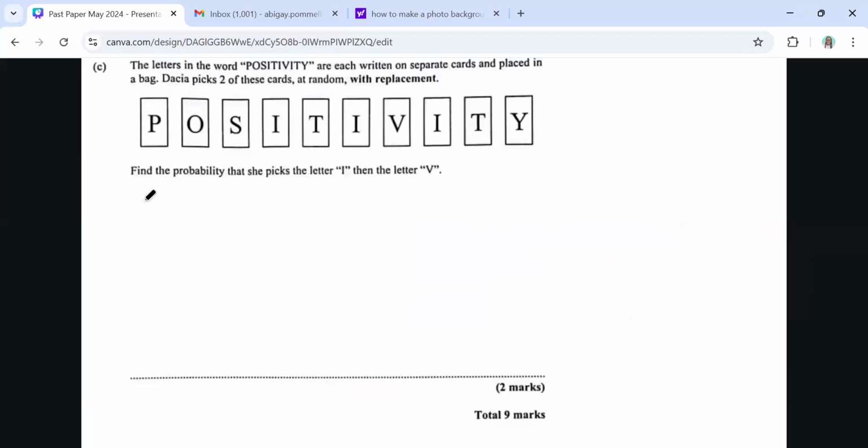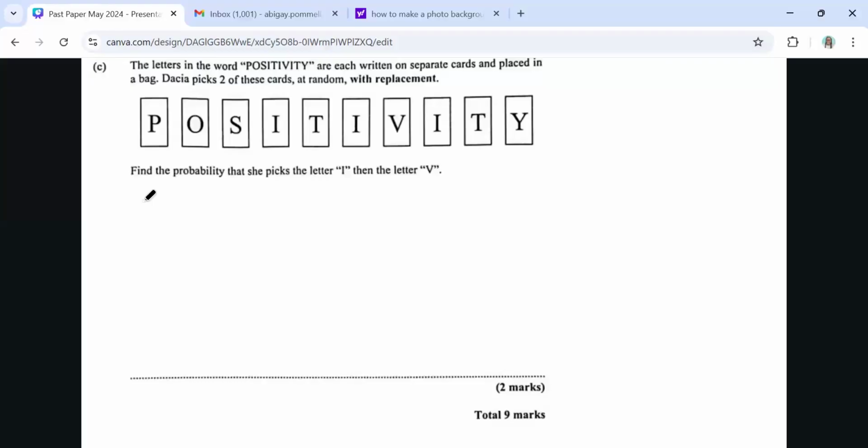All right. This one: the letters in the word positivity are each written on separate cards and placed in a bag. Darcia picks 2 of these cards at random with replacement.